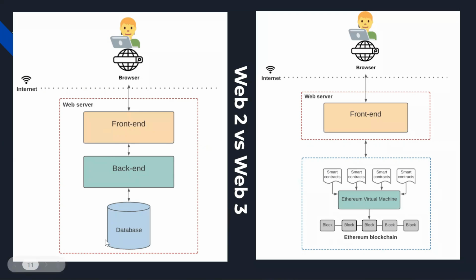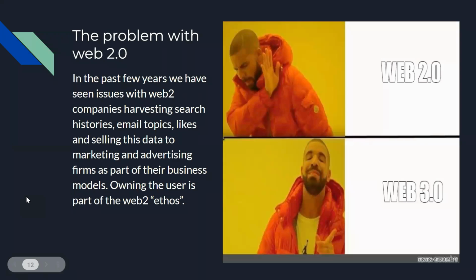Okay. So a big problem with Web 2.0, if you've been following a bit of the conversation, is that the Web 2.0 companies are selling our data. Every time you log into Facebook and you like a post, the time that you spend on Instagram as you scroll, all of that is valuable data.